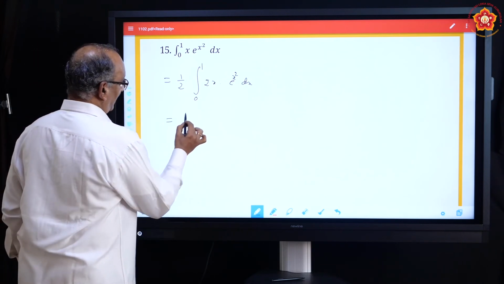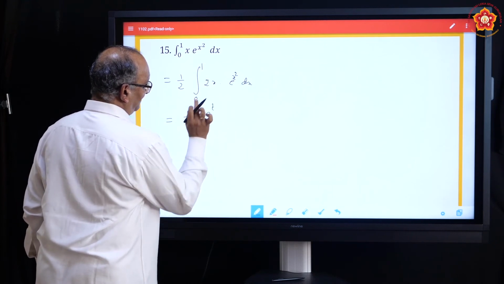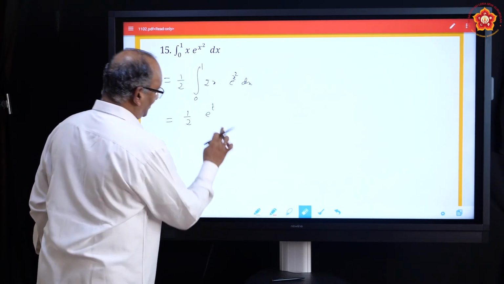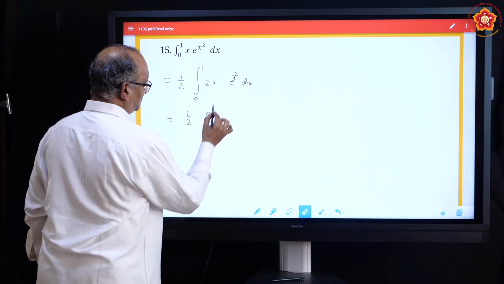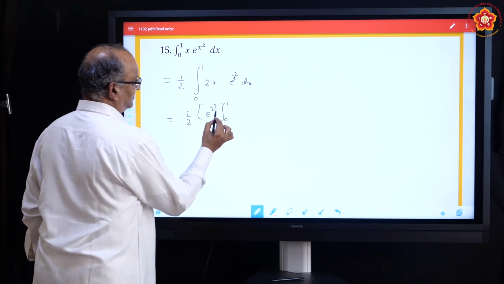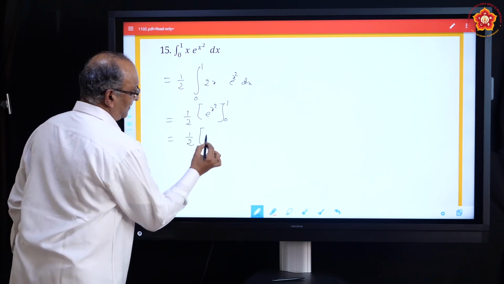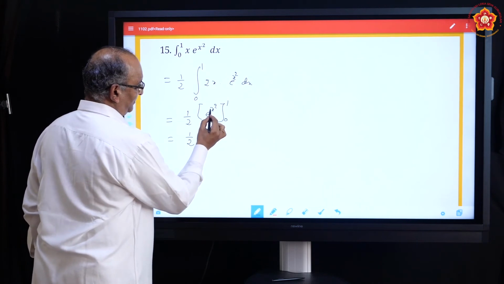So e to the power t basically means e to the power x square, because that's what it is, x square. And what are the limits? 0 to 1. Substitute the limits. First substitute upper limit, e to the power, in place of x 1.